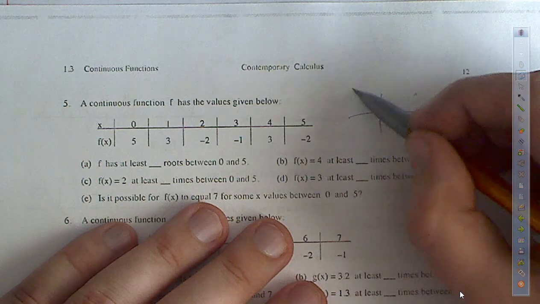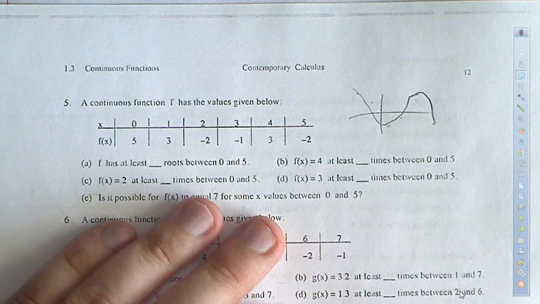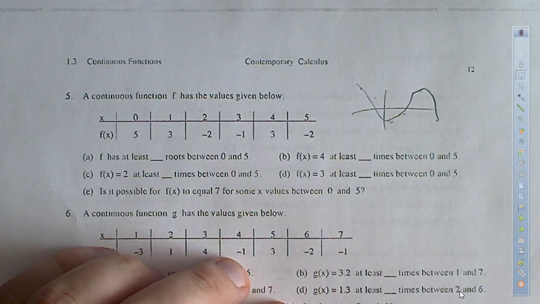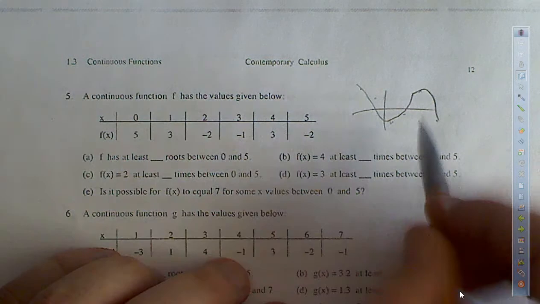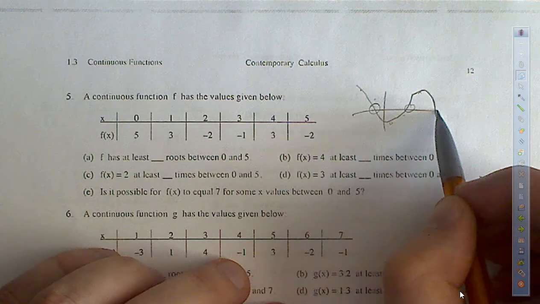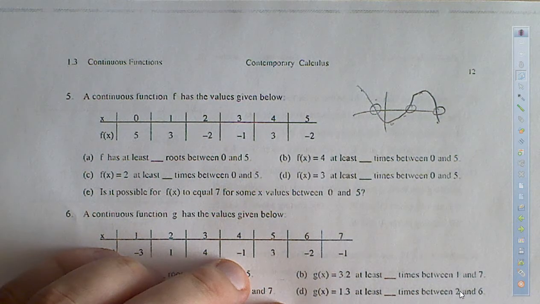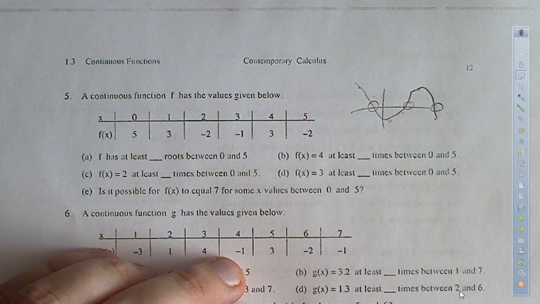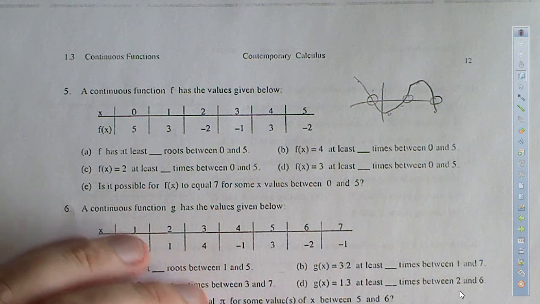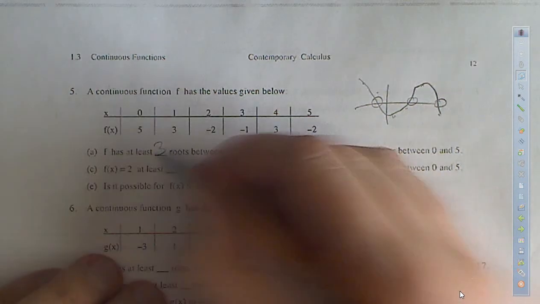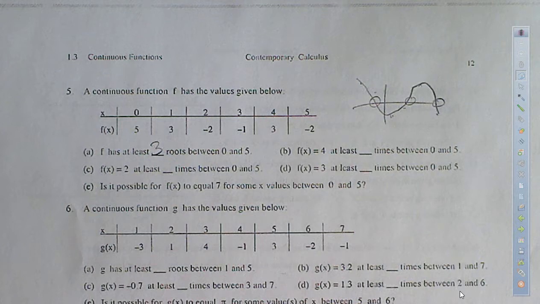So how many times does it have to cross the x-axis in between those? 1, 2, 3. You can just fill in the blank. It has to have at least 3 roots between 0 and 5.